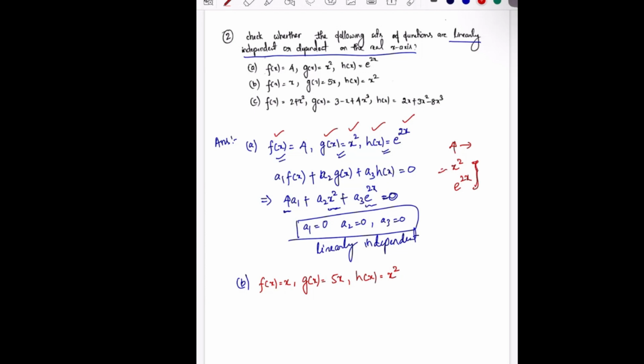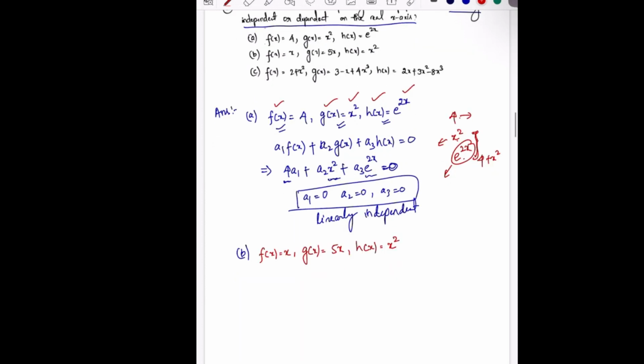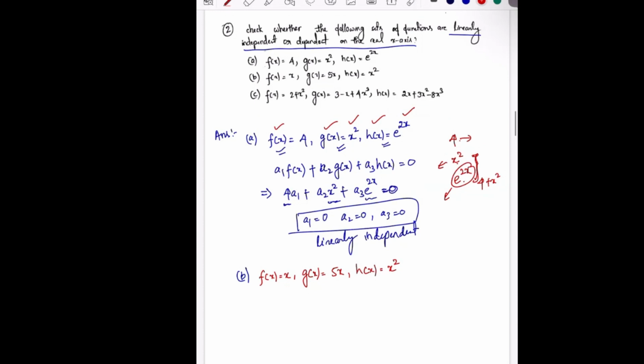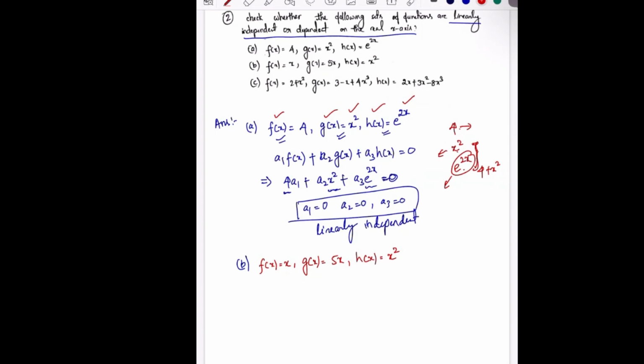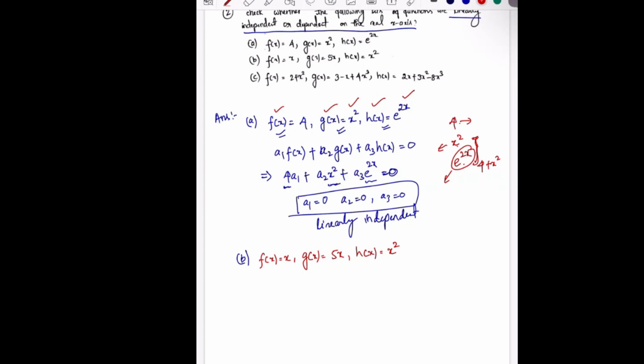Similarly, you cannot write x² in terms of 4 and e^(2x), and you can't write e^(2x) as a linear combination of 4 and x². These are completely three different functions. So by simply looking, you can tell these are linearly independent.